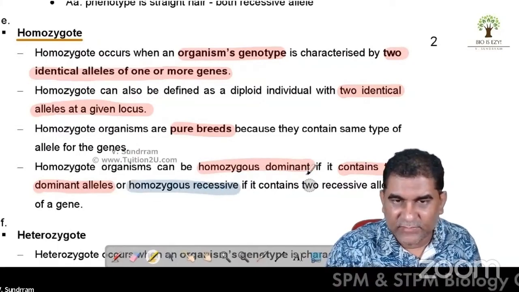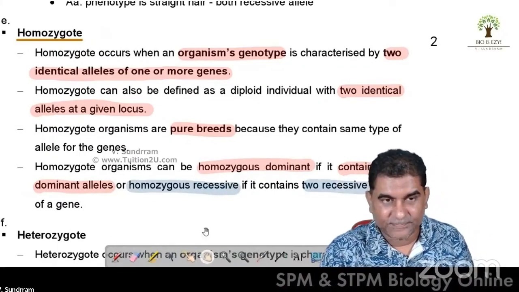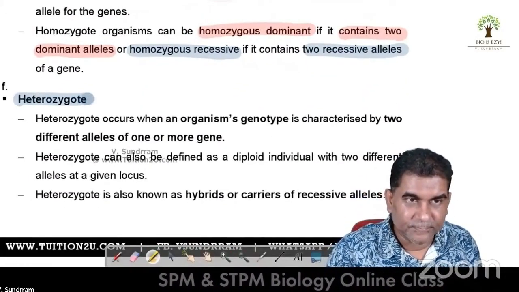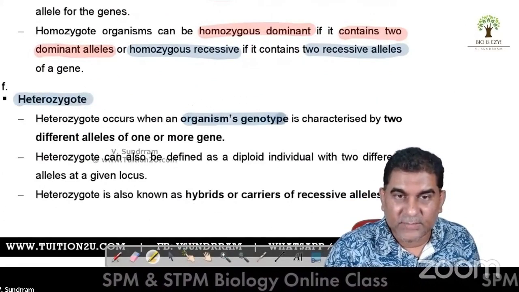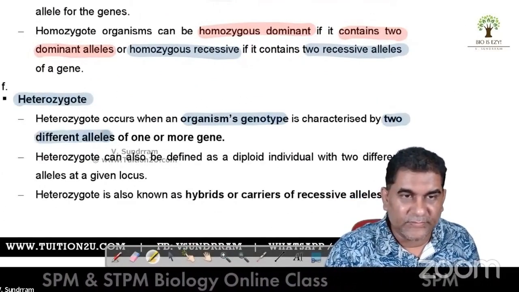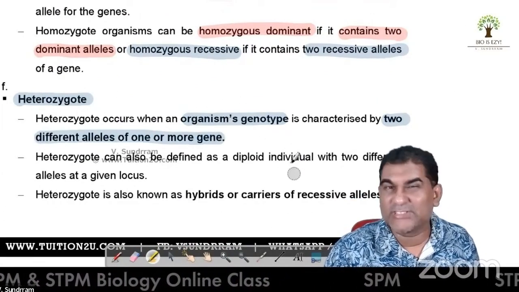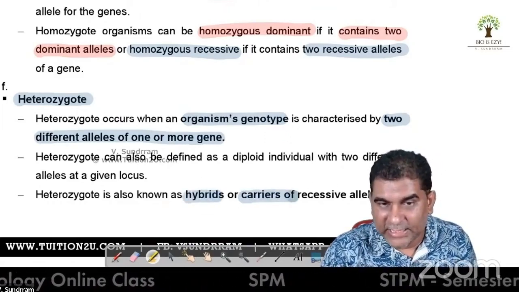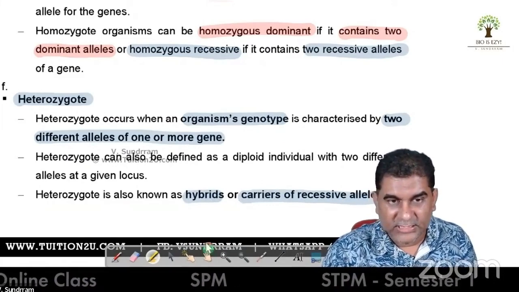Homozygous recessive if 2 recessive alleles. Heterozygote. Organism genotype, 2 different alleles for one or more genes. They are known as hybrid. They are known as carriers of the recessive allele.